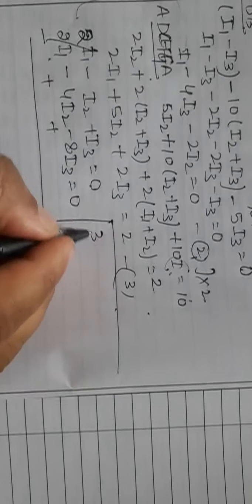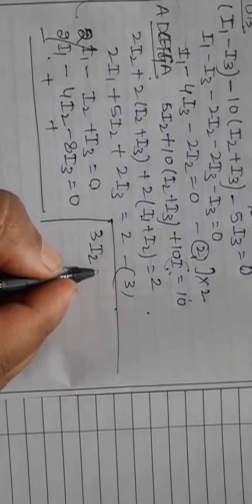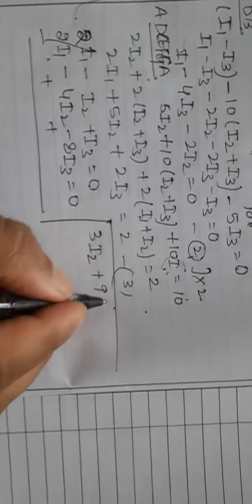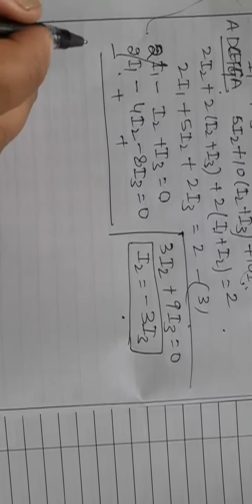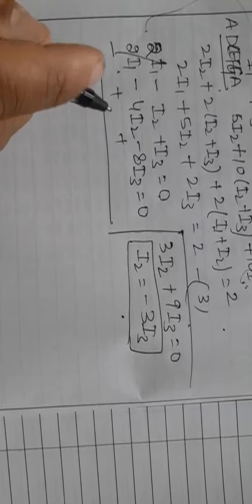After solving, you get 3 I2 plus 9 I3 equal to 0. From this equation, I get I2 is equal to minus 3 of I3. This formula I will use in solving the numericals.